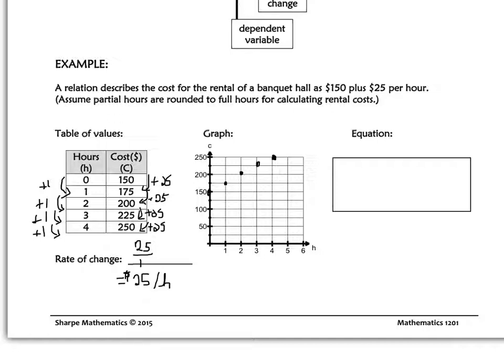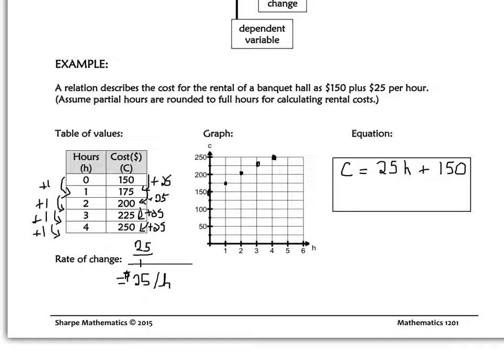So in this case, if we use C for our dependent variable, as it is on our table and graph, C is equal to the rate of change, 25, times the independent variable, which is the number of hours, plus the initial cost at hour 0, which would be 150.